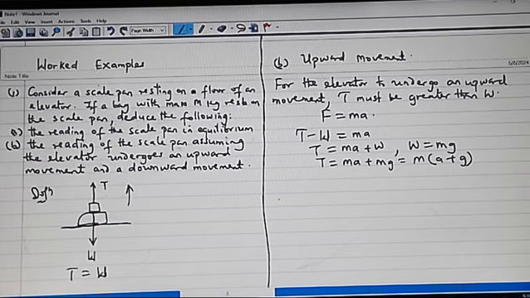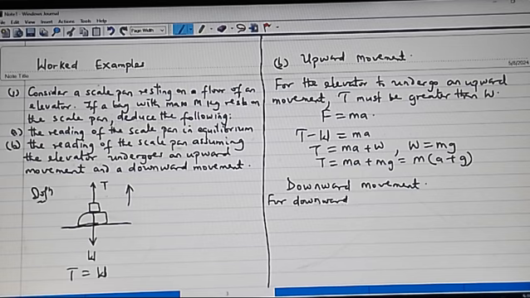Then, for the last case, a downward movement, that will be the opposite of the upward case. For the elevator to move downwards, the weight must be greater.